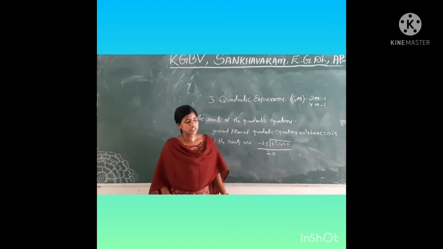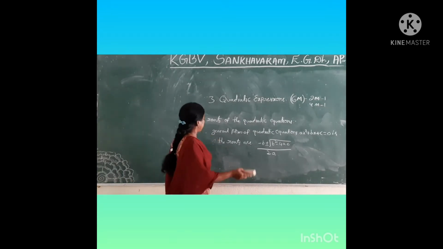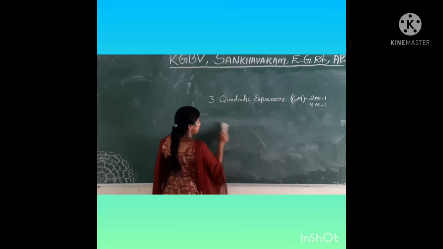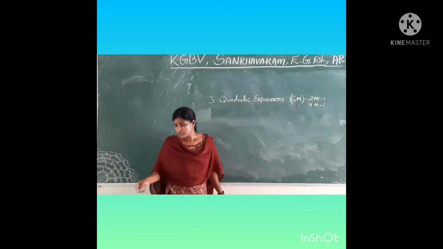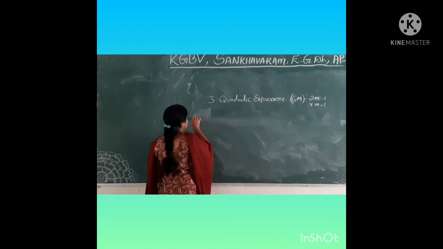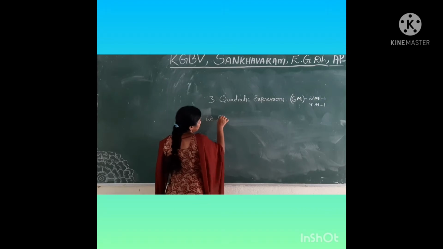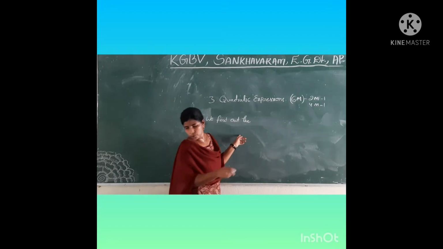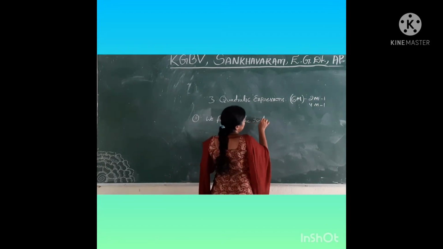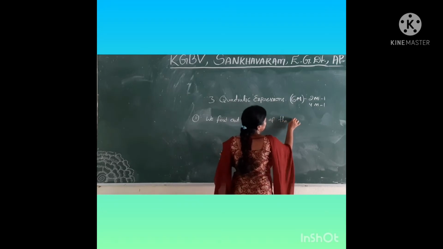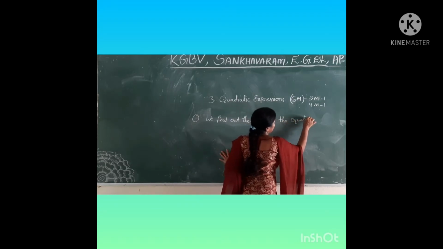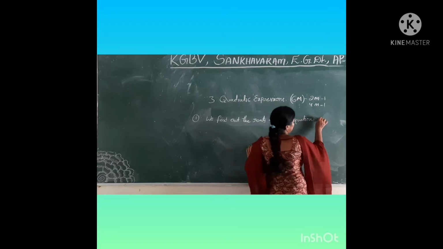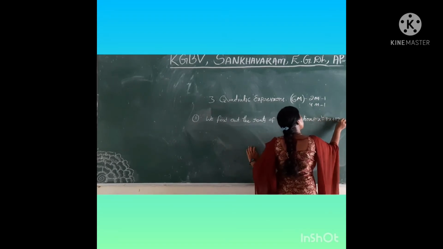Understand? For example, first one. We find out the roots of the equation x square minus 7x plus 12 is equal to 0.